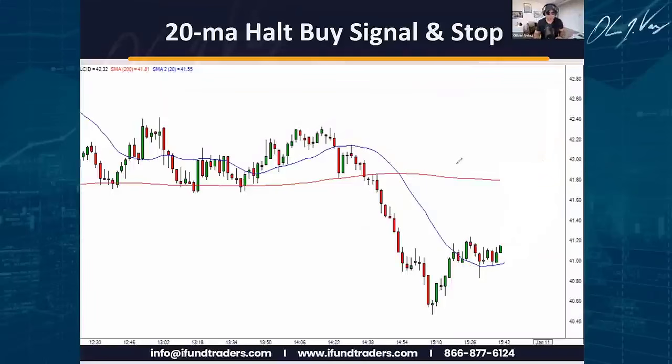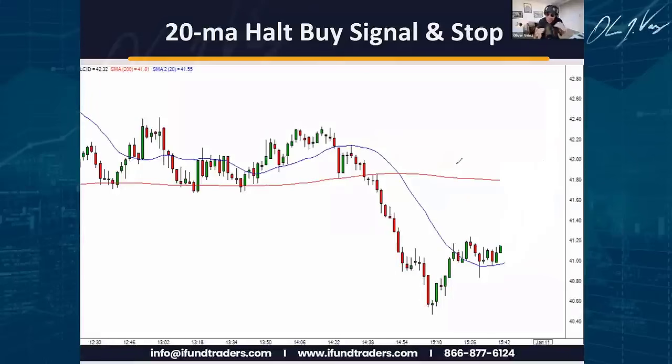Okay, so we've got the halt. Remember the items. We need an elongated decline. That decline preferably should have space, one space, but really preferably two spaces. If we've got an elongated decline with either one or two spaces, the next thing that needs to happen is the stock needs to move to demonstrate its ability to not move just to the 20, but sear through the 20.